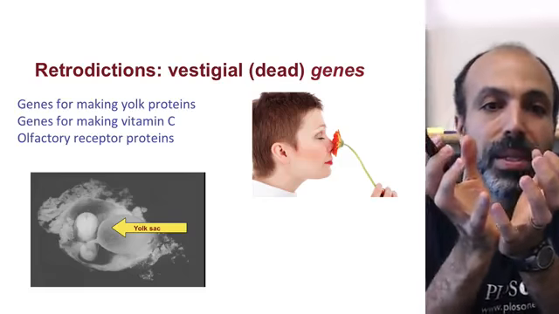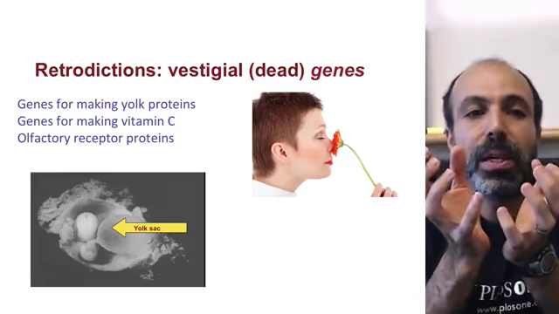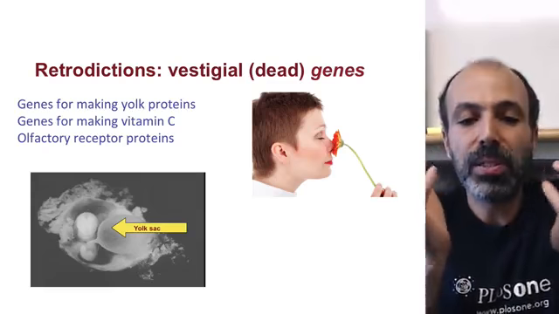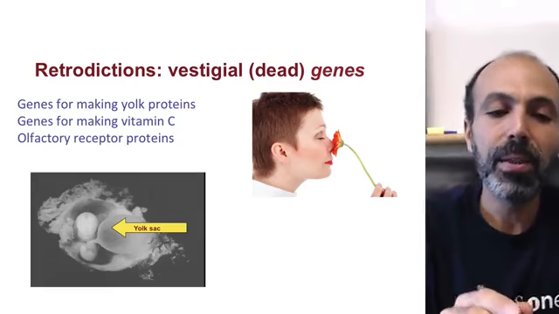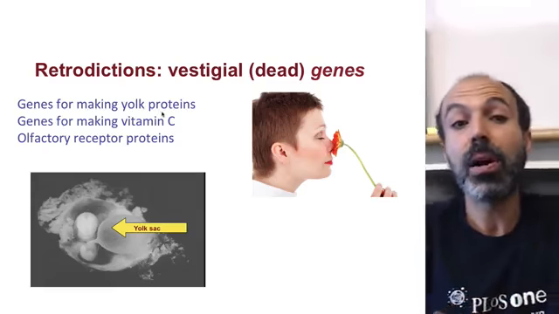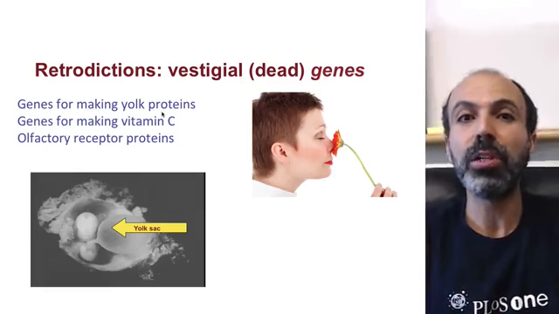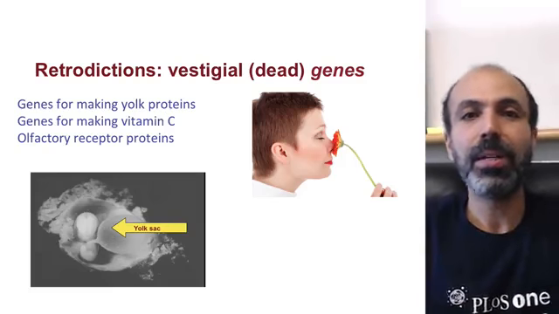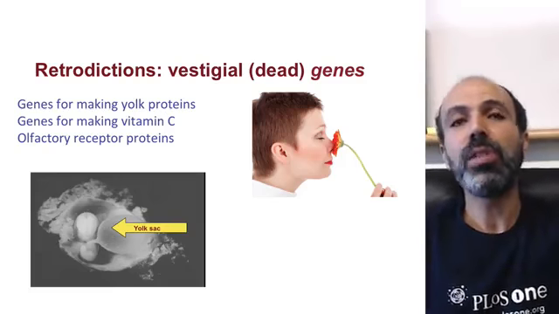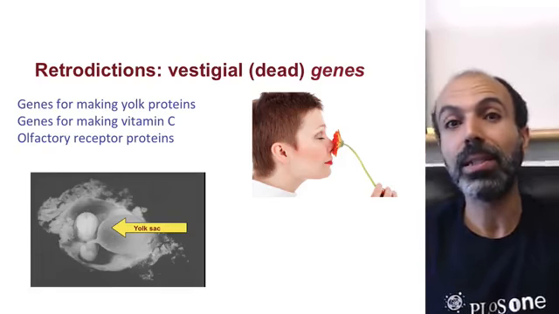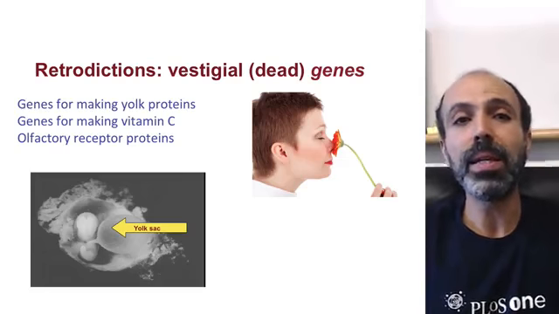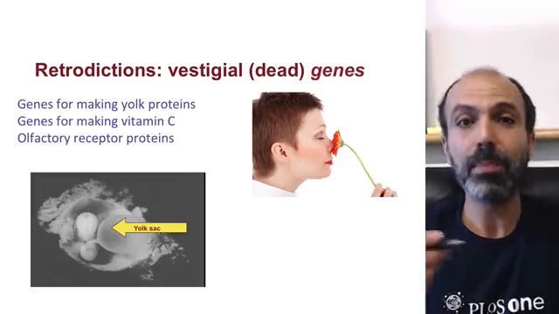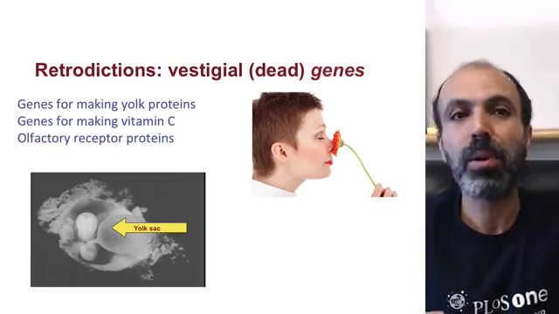They produce this empty sac that appears in the embryo and doesn't have vitellogenin. So this is not something that's useful at all. Yet, the genes for making these yolk proteins are actually found in mammalian genomes. Why would this be? Again, it makes sense in the context of common ancestry that some of our ancient ancestors actually did make these yolk proteins. When we stopped needing them, they stopped making the protein, but the gene is still there, some remnant of it.